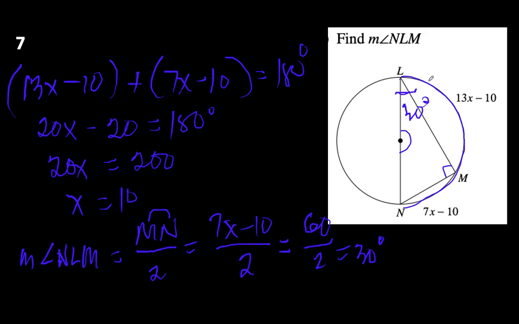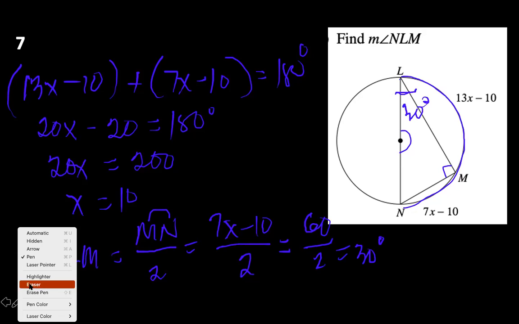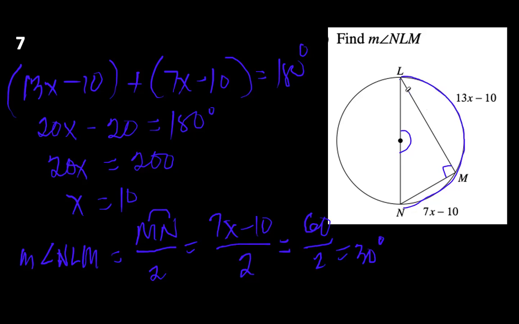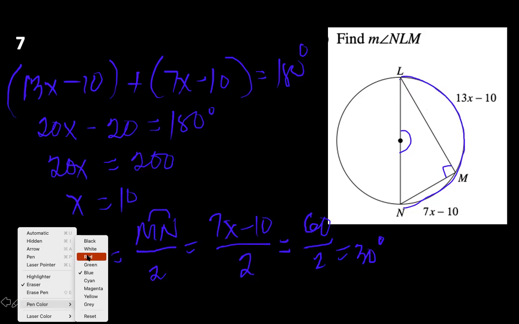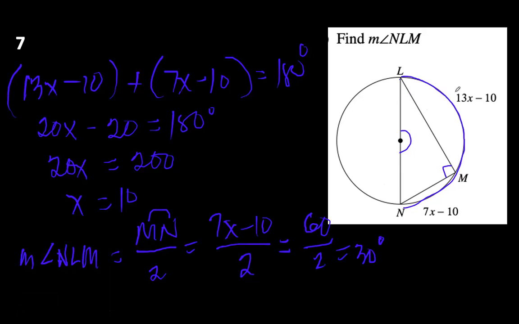All right, understood? And there's another way to do this actually. Let me try to erase this. Now look at this, guys. The intercepted arc LM is the intercepted arc of this angle. So half of this arc is equal to this, right?